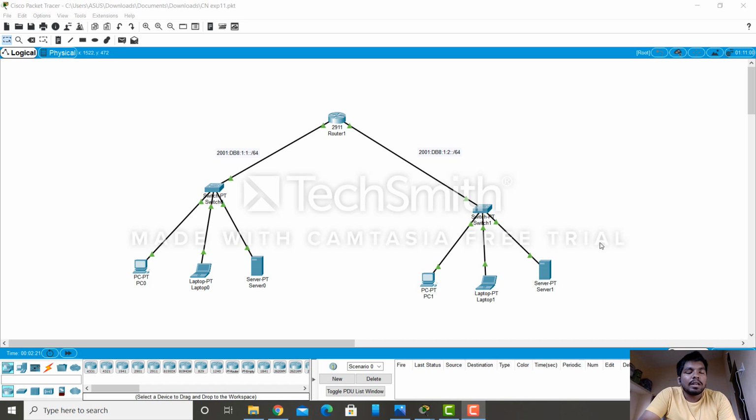IPv6 means Internet Protocol version 6. It is the sixth version of Internet Protocol and the successor to IPv4. It functions similarly to IPv4 in that it provides the unique IP addresses necessary for Internet-enabled devices to communicate.